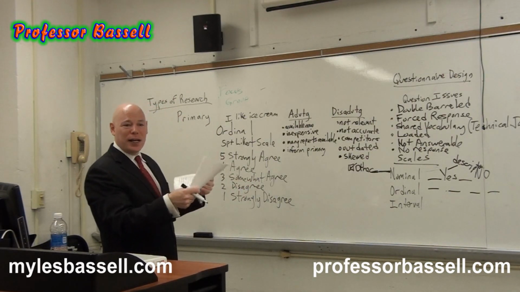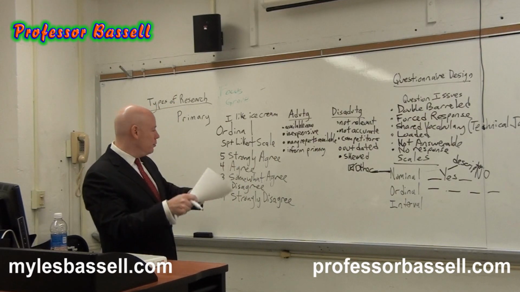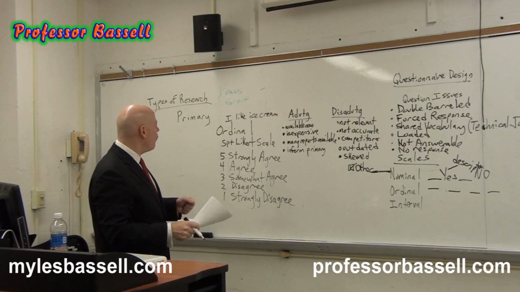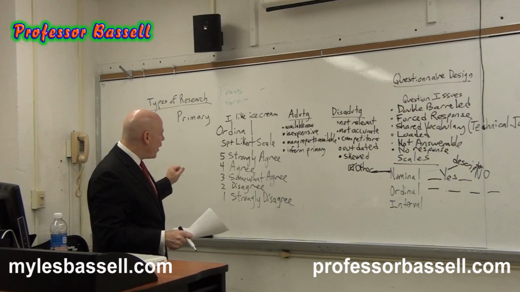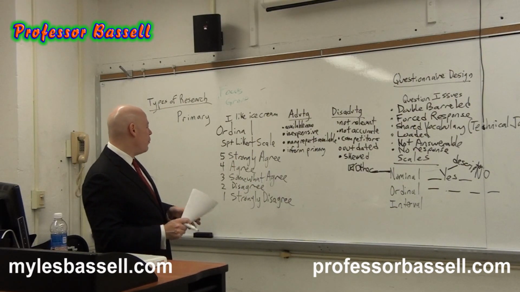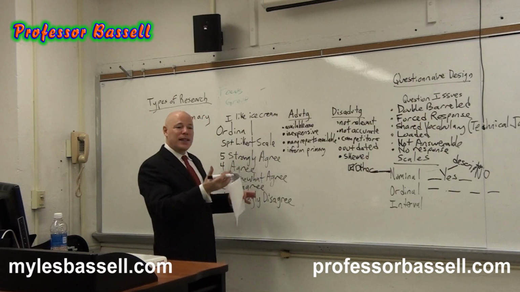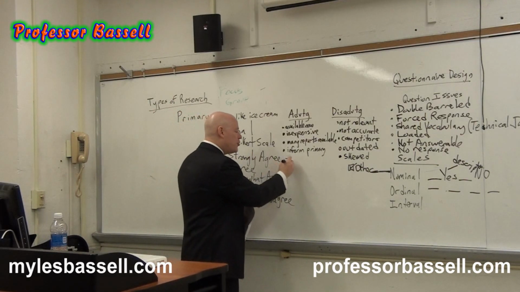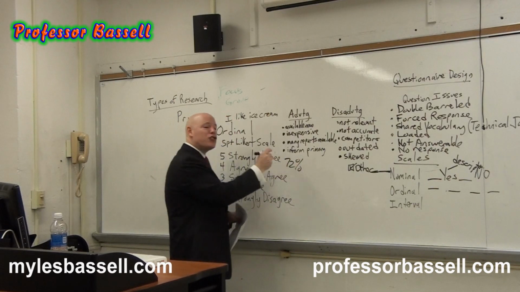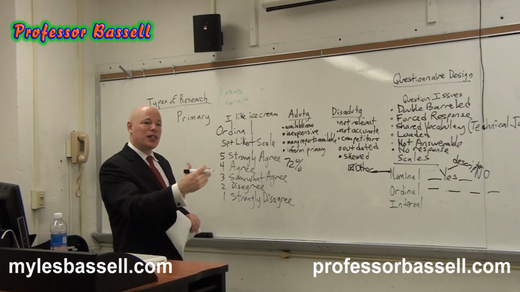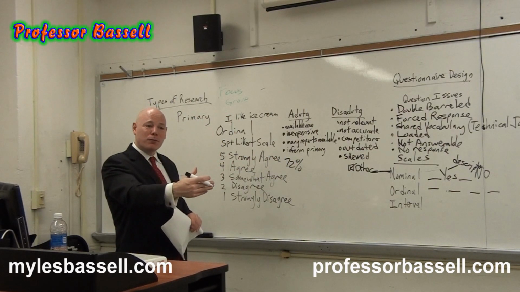The information that we're going to get back is going to be a lot more meaningful. Now we know to what extent they like ice cream. And once we're done with our data analysis, we could say that 72% say they strongly agree with the statement, I like ice cream.